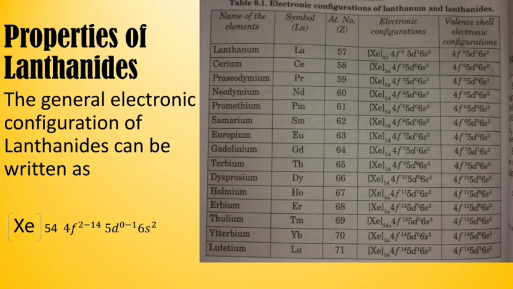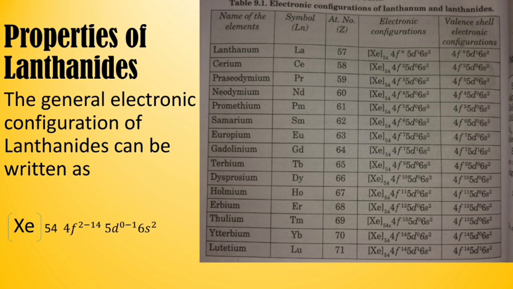You know, half filled and completely filled orbitals are more stable. That's why they prefer this electronic configuration. So the general electronic configuration of lanthanides can be written as xenon 54, 4f2 to 14, 5d0 to 1 and 6s2.